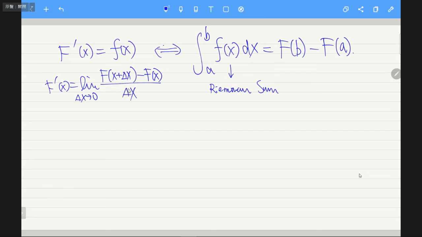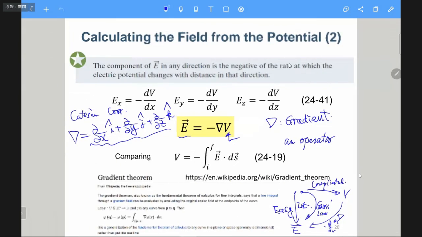So this one and this one are 2 independent definitions. But the fundamental theorem of calculus tells you that if you would like to calculate the definite integral, you can just find the antiderivative, and then plug in the values, and this is done. And this is the fundamental theorem of calculus for line integrals.